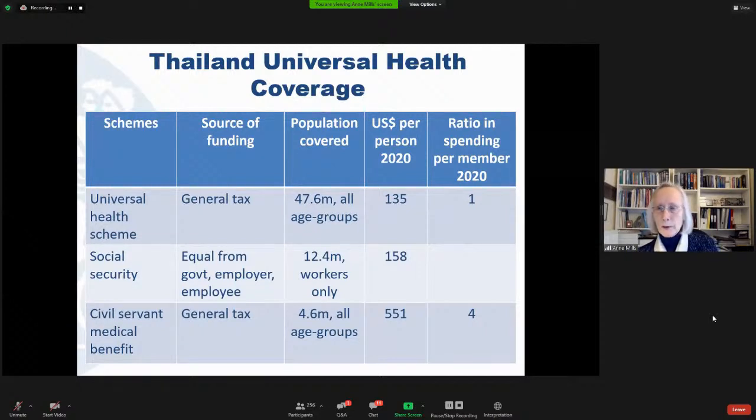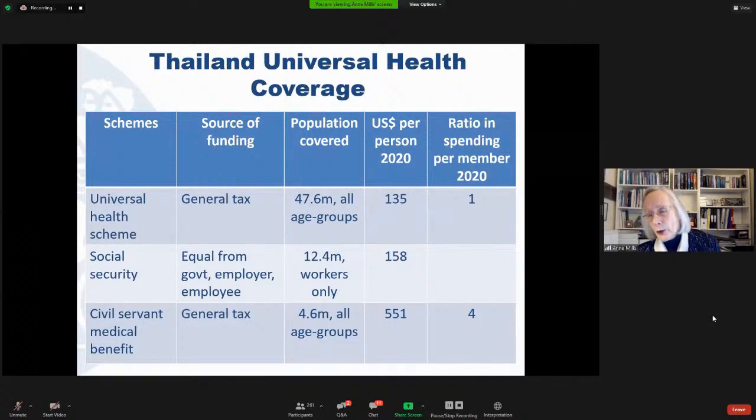So, for example, the ratio in spending per member between the civil servant medical benefit scheme and the universal health scheme is 4:1. So 4 times more money is spent on civil servants via their scheme than on the general population covered by the universal health scheme. And note that these 2 schemes both cover all age groups, unlike the social security scheme, which only covers the workers.